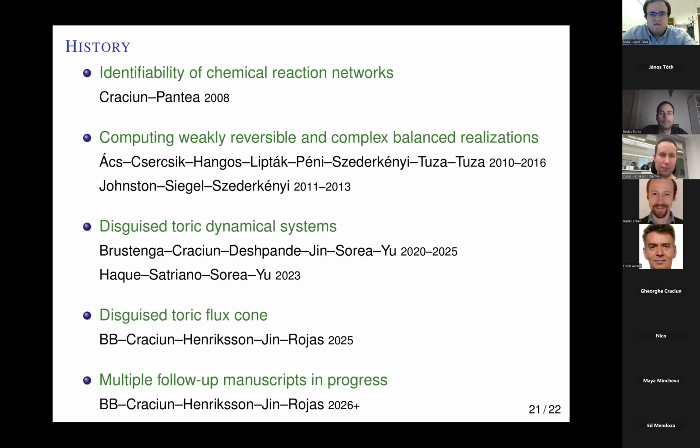And I'm nearing the end of my talk. So a little bit of the history. I think it all started with identifiability of reaction networks, with the observation by George and Cassian back in 2008 that the same mass action differential equation can be obtained from different graphs.